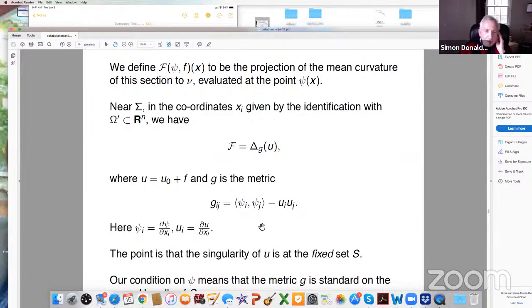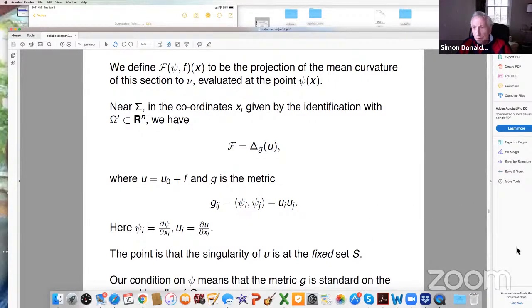So the point of all of this is that the singularity of u is at the fixed set S. It's hard to do the analysis if we're trying to compare things where we're moving the singularity around. So we've introduced these diffeomorphisms to keep the singularity along this fixed set.